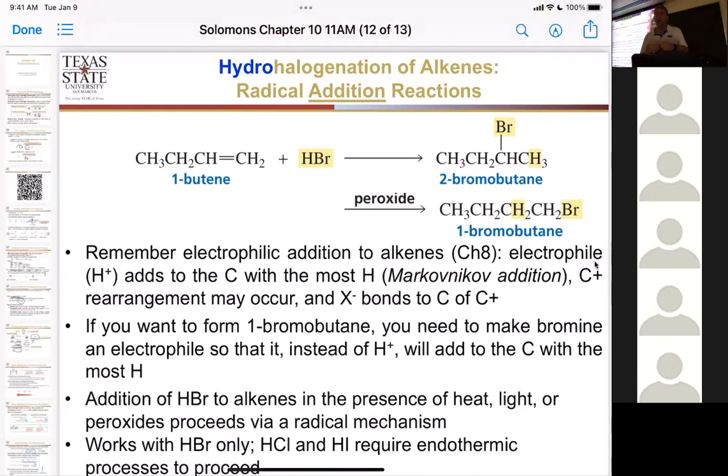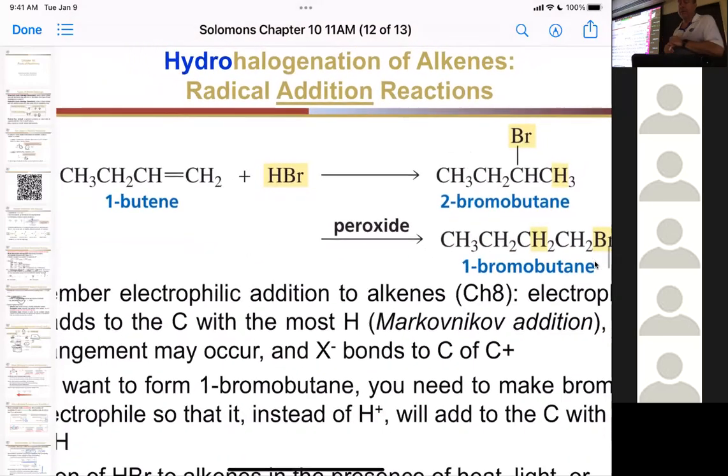And that was really good. We got that Markovnikov. However, what were those conditions? Oh, in the dark, cold, because you didn't want it to form a radical. You want to do the addition across there and not do the hydrogen abstraction.